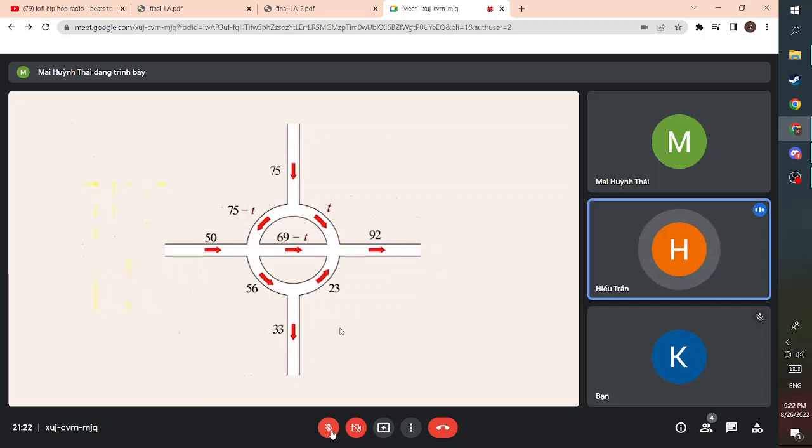For example, we know that t must be an integer value because fractional vehicles don't make sense.